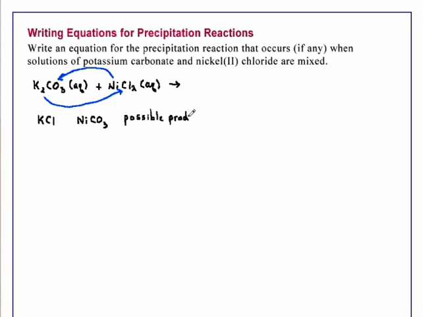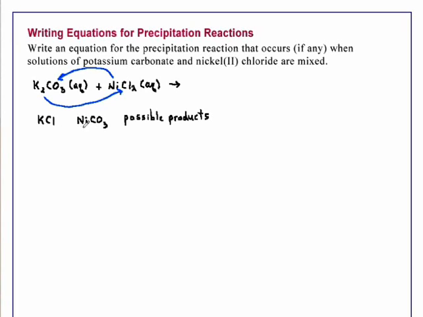In the case of KCl, we have a rule that says that all chlorides are soluble except for silver, mercury, and lead, and potassium is not one of the exceptions. Likewise, potassium salts are also soluble. So we know that we are not going to form a precipitate of KCl.